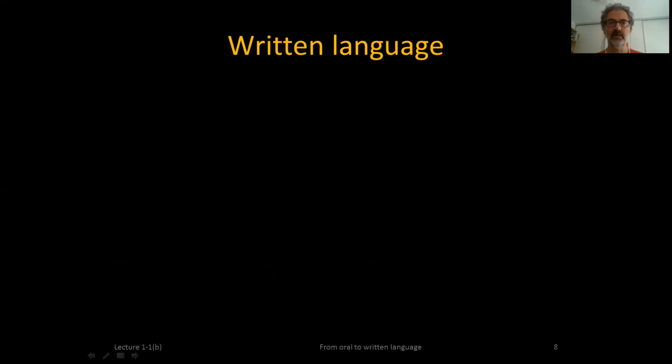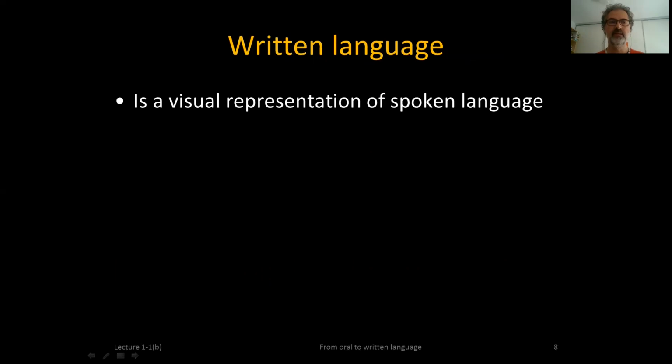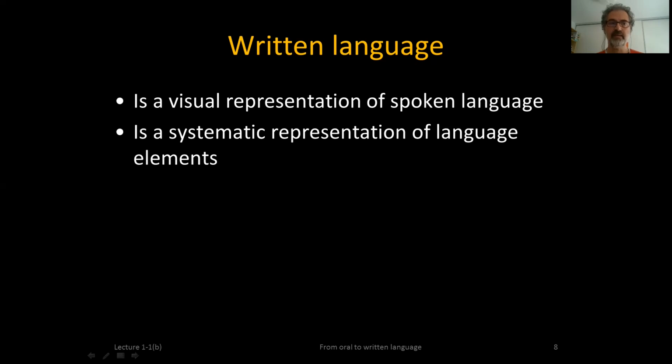To go back to our general definition, written language indeed is a visual representation of spoken language and a systematic representation of language elements with a variety of complications. In a language like Norwegian and the European languages more generally, which use alphabetic writing systems, the language elements that are represented are speech sounds, otherwise known as phonemes.